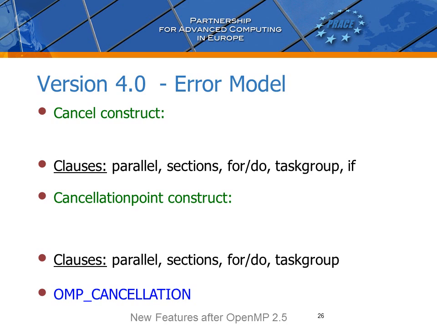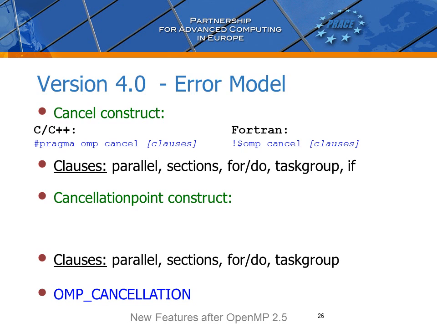As a final section, we will briefly introduce initial error model support. The error model requests cancellation of specified region types or declares a defined cancellation point to check for cancellation requests. The cancel construct requests cancellation of the innermost enclosing region of the type specified.